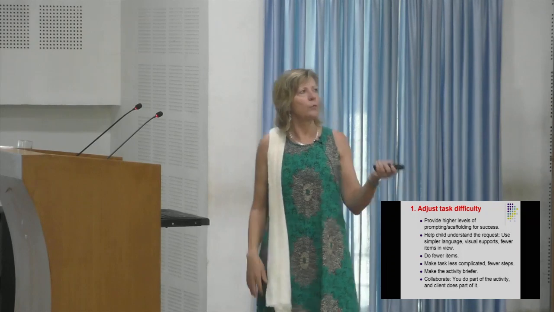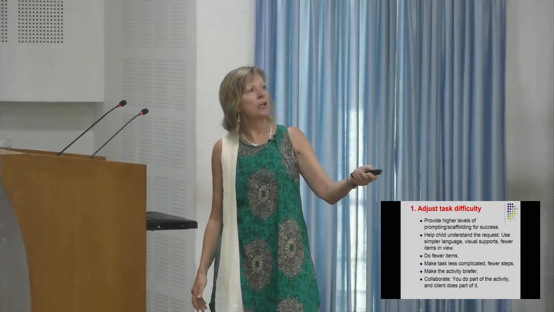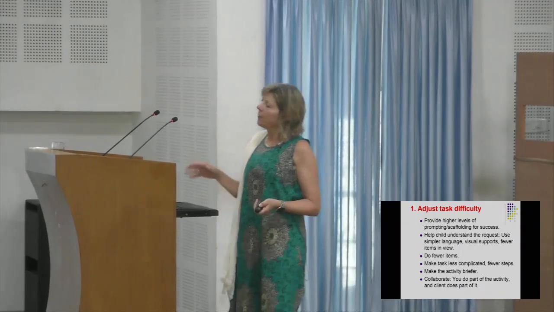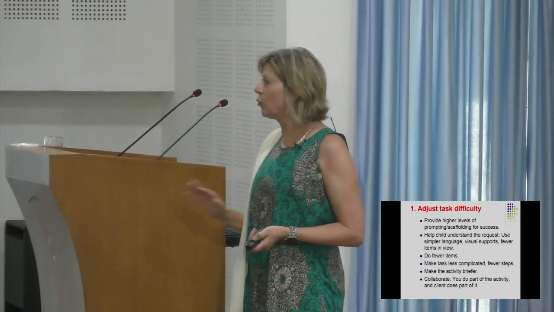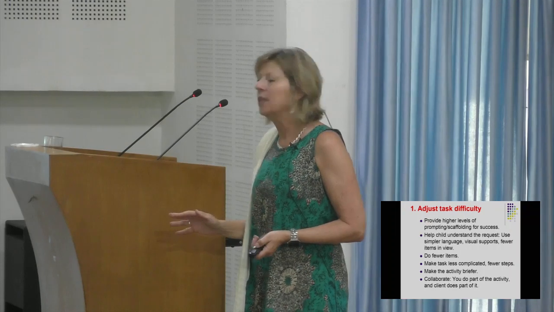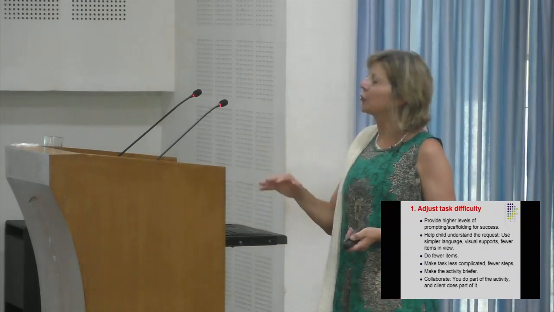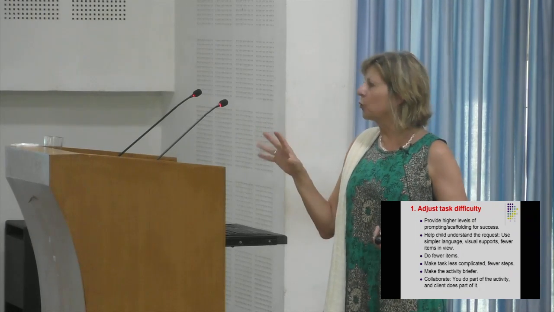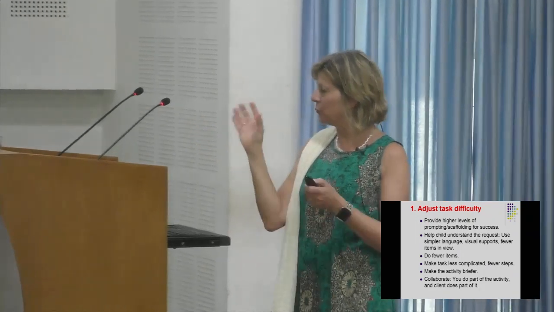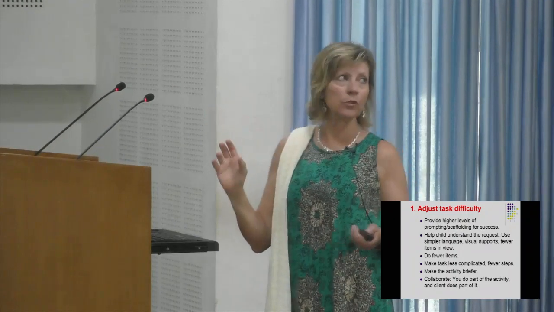So this one here, help the child understand the request. So it may not be that they're non-compliant, that they absolutely don't want to do what you want them to do. It may be that they don't understand the request. So giving visuals, for example, to show them what you want them to do.